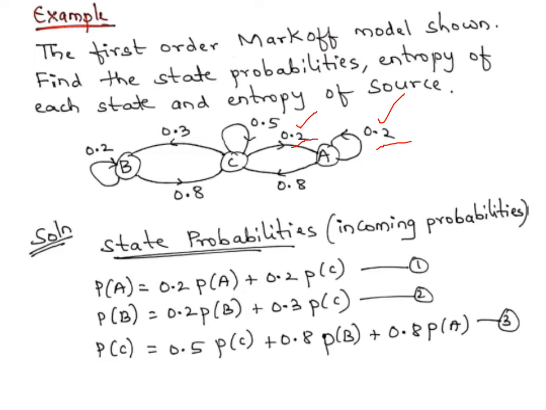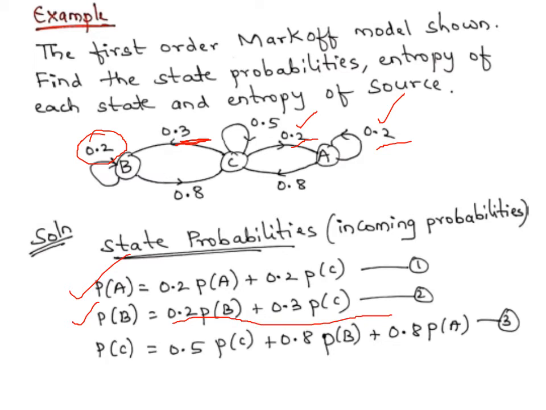So the equation is P of A equals 0.2 P of A plus 0.2 P of C. At state B, the incoming probabilities are 0.3 which is coming from state C and one more is 0.2 from B itself. So P of B is 0.2 P of B plus 0.3 P of C.